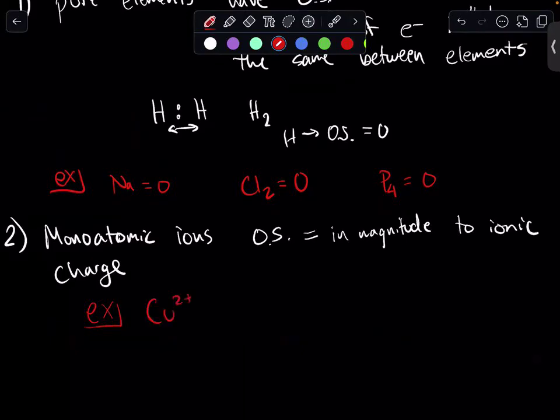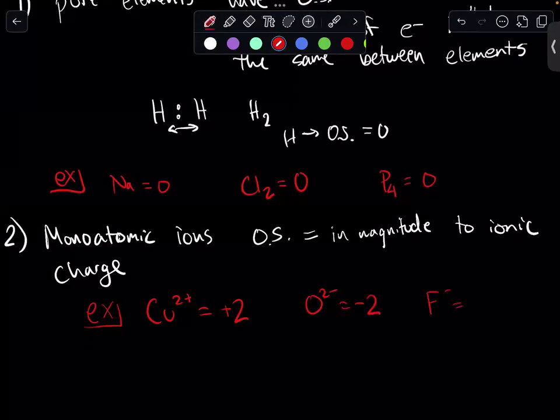Cu2+ has an oxidation state of +2. O2- has an oxidation state of -2. F- has an oxidation state of -1. We do not get rid of the 1 when we're talking about oxidation states. +1 is +1; we do not just call it plus.